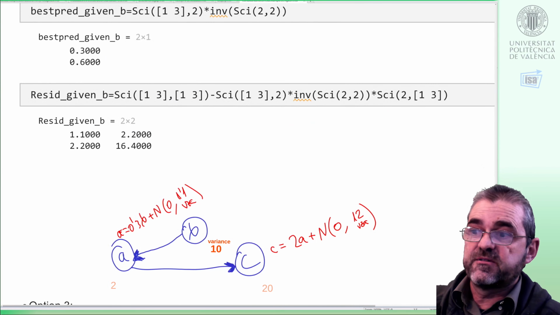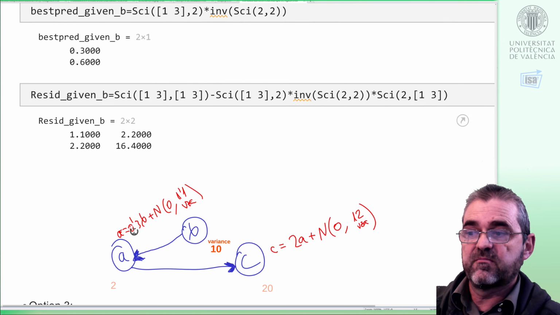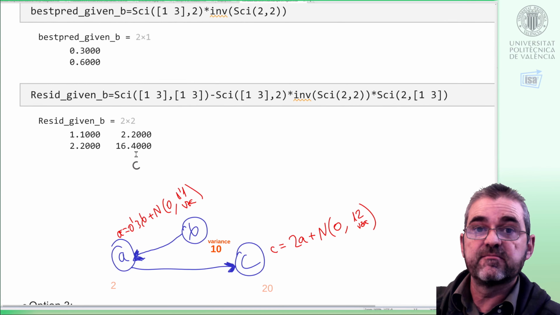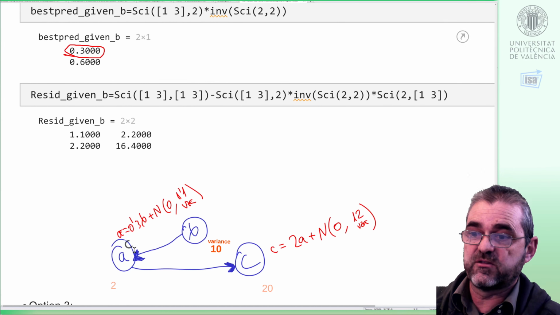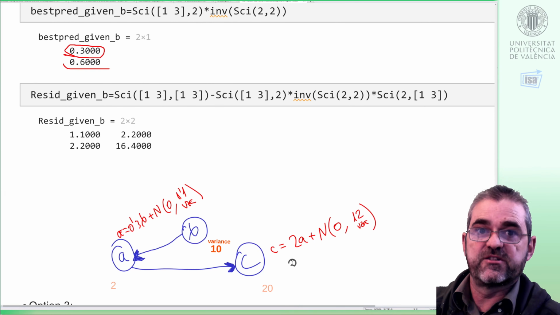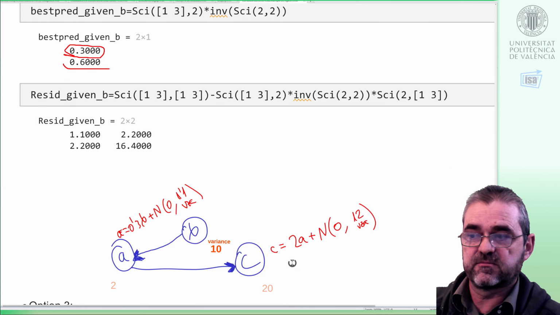So you can check, for instance, that indeed, if I multiply b times c 0.3, I get the prediction of a, and of course, if I multiply this thing by 2, then I get this 0.6b, which is the concatenation of these two linear models.